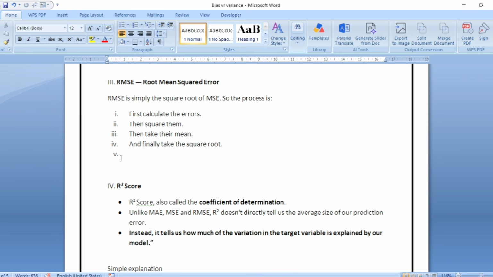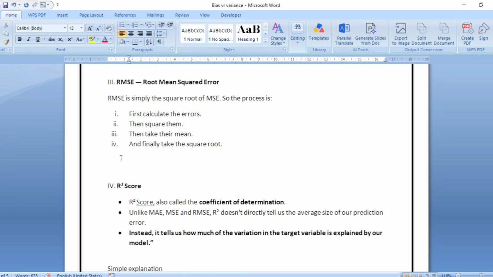Root mean squared error is simply the square root of mean squared error. So the process is, first we calculate the error, which is the difference of actual minus predicted. We then square them, we take the average of it, and finally take the square root. So why do we need root mean squared error if we already have mean squared error? Because of the units.